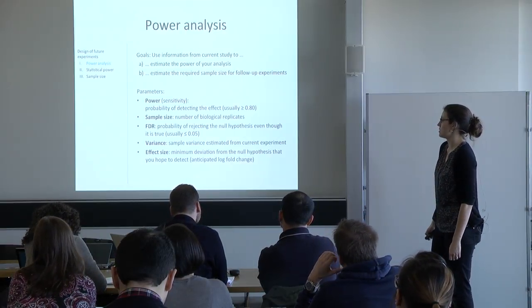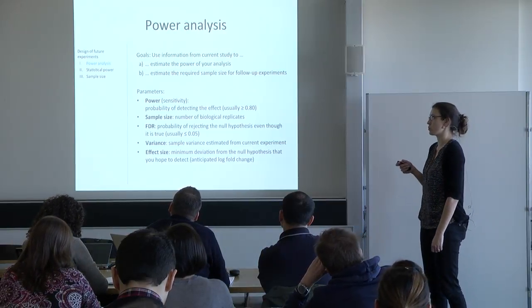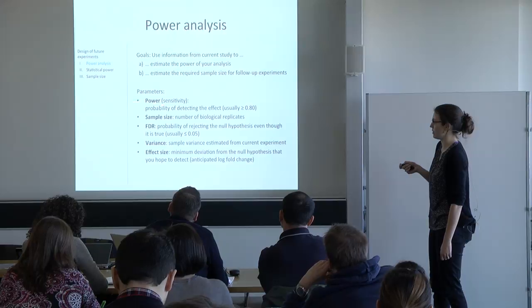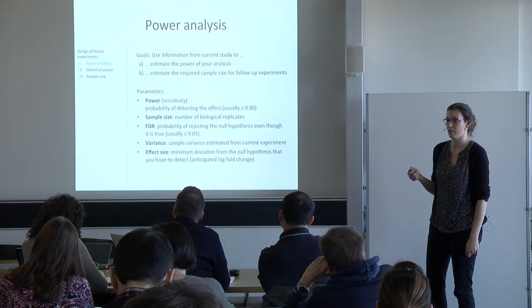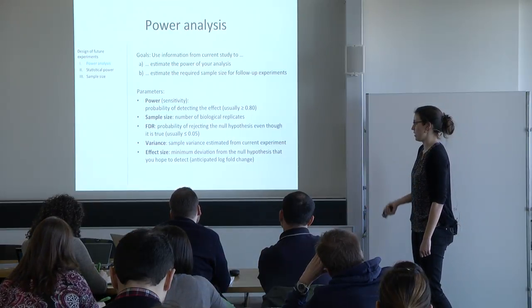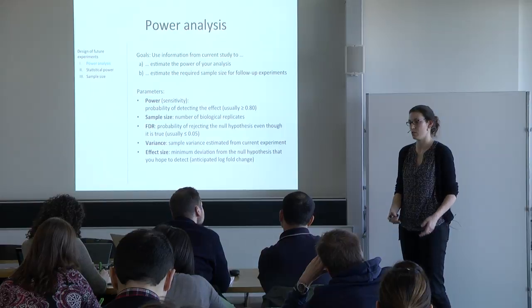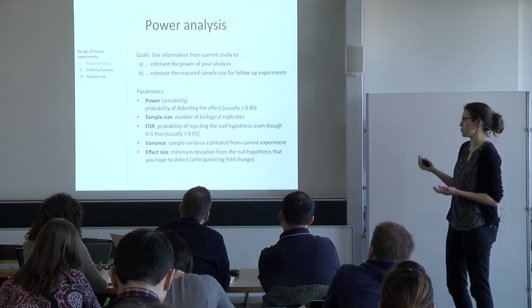The sample size is the number of biological replicates, and in a power analysis you can choose whether you want to calculate the power or the sample size. So one of them needs to be specified and the other one is getting calculated. Then you need to specify the false discovery rate, which is the probability of rejecting the null hypothesis even though it's true.